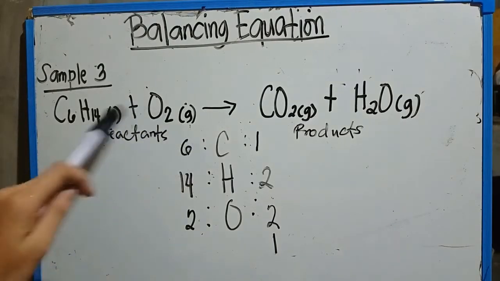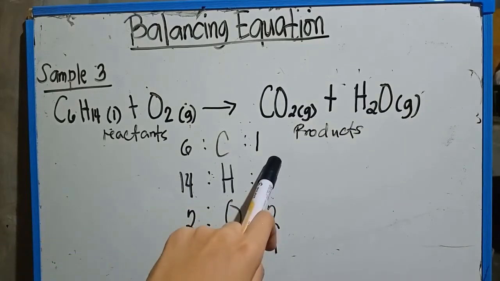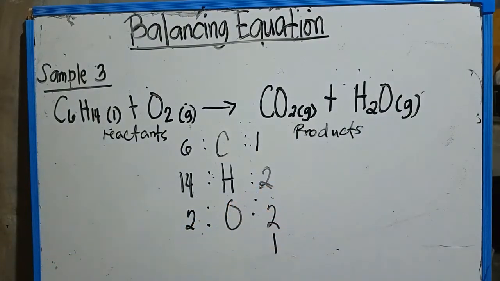Kaya itong carbon sa reactants kay 6. Tapos itong carbon sa products kay 1 na lang during the reaction. While our hydrogen is 14, then itong product is 2. Then our oxygen, we have here 2. Then our product is 3.